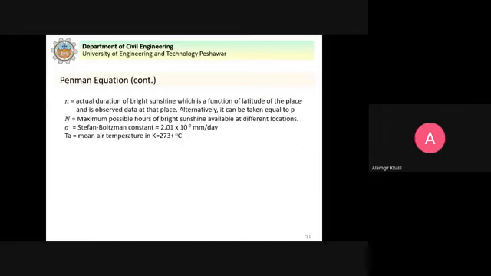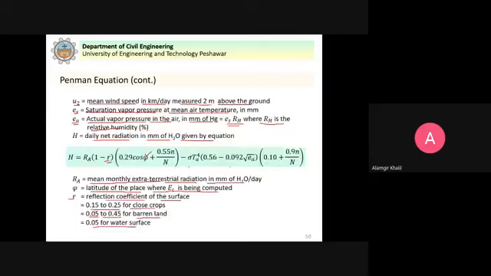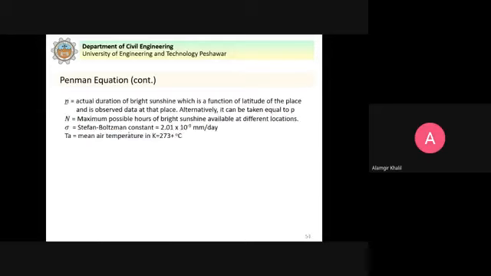Similarly, in this equation, this small n, which appears here and also here, is the actual duration of bright sunshine, which is a function of latitude of the place and is observed data at that place. If we do not have the values for small n, alternatively it can be taken equal to P. Earlier the table was available for P, so we can take n as equal to P.